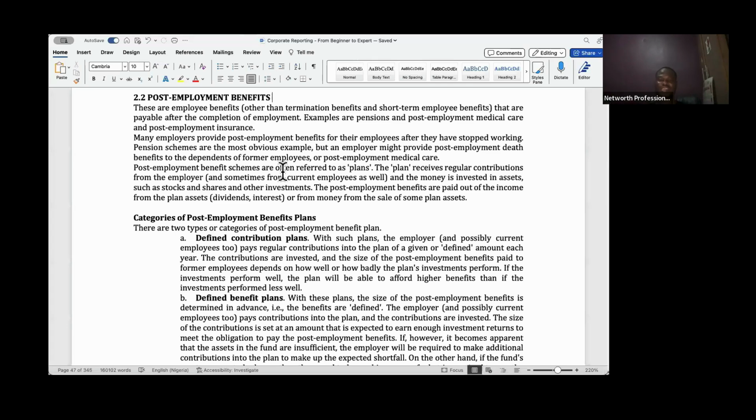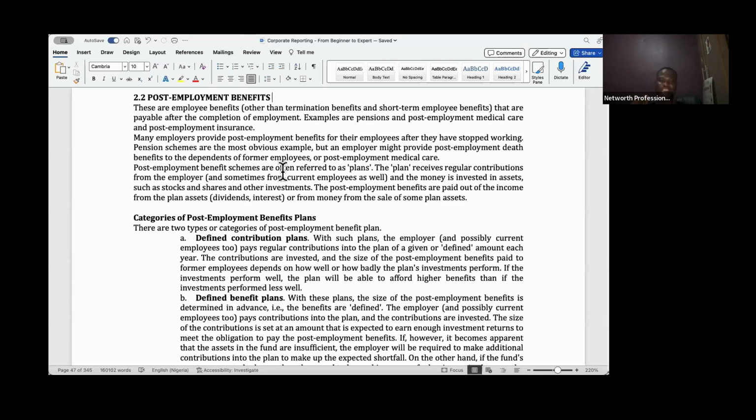That's a typical way a defined contribution plan works. That's why this standard called it defined contribution. As far as the employer is concerned, the only obligation the employer has is just to make regular contribution. Beyond that, it doesn't have any further obligation.